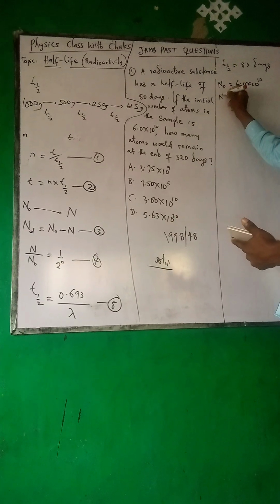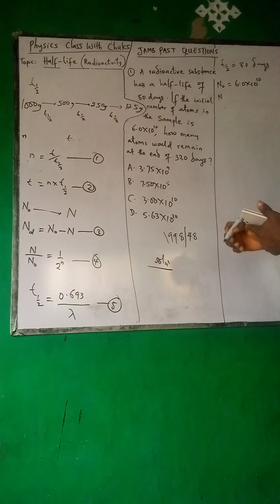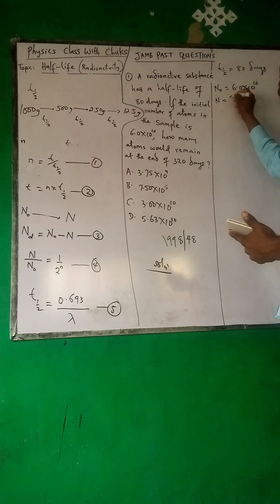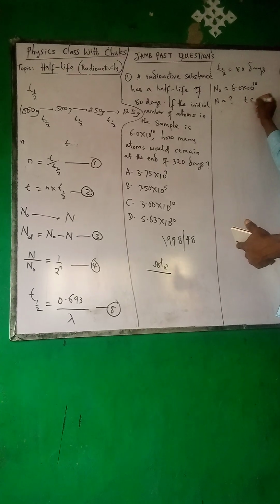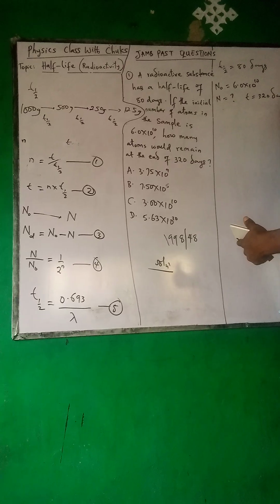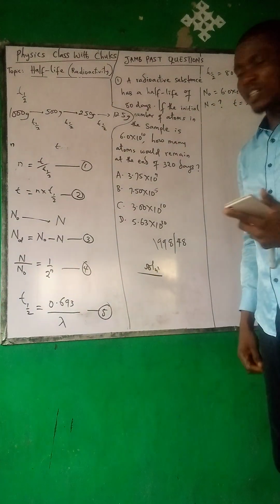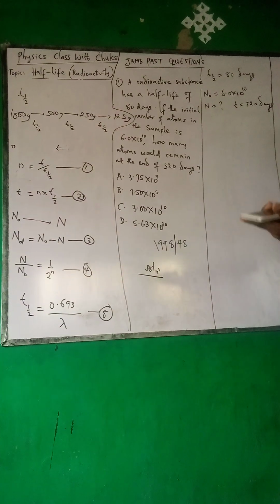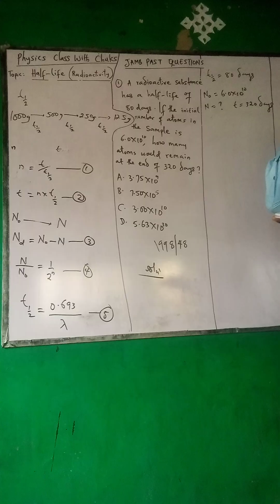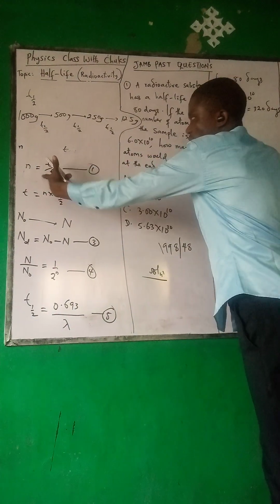So they ask you to find N at the end of 320 days. Total time is given, and that is 320 days. Now from all these formulas, the first thing I'm going to do is to get the number of half-lives.